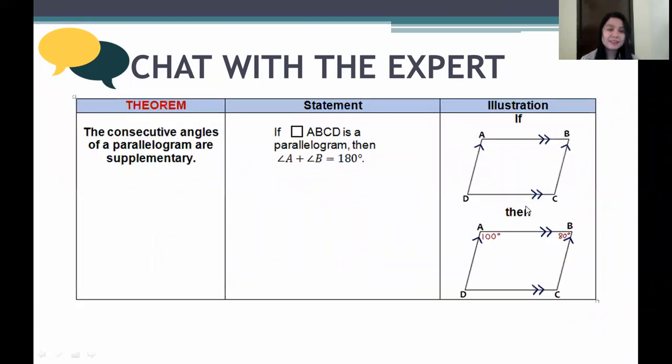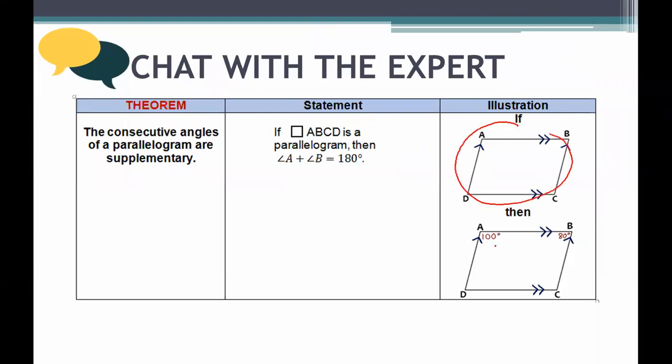Next, the third theorem states that consecutive angles of a parallelogram are supplementary. For example, if ABCD is a parallelogram, then A and B are called consecutive angles.